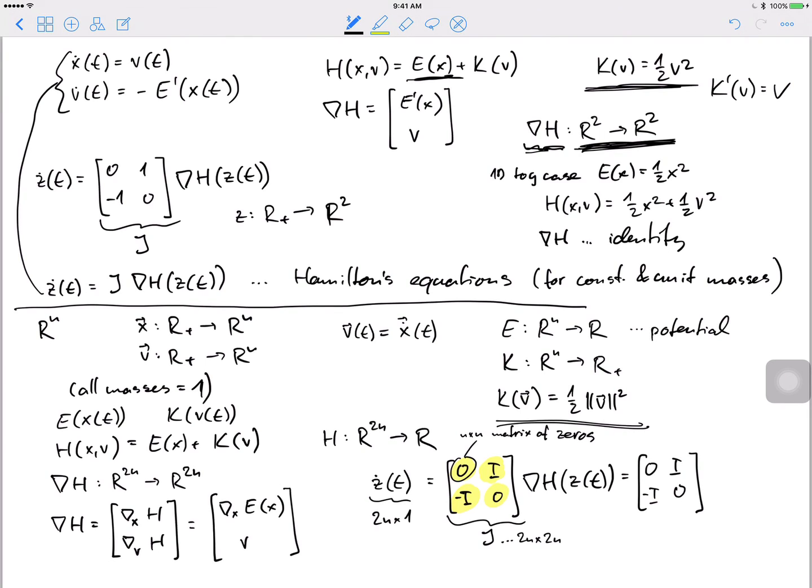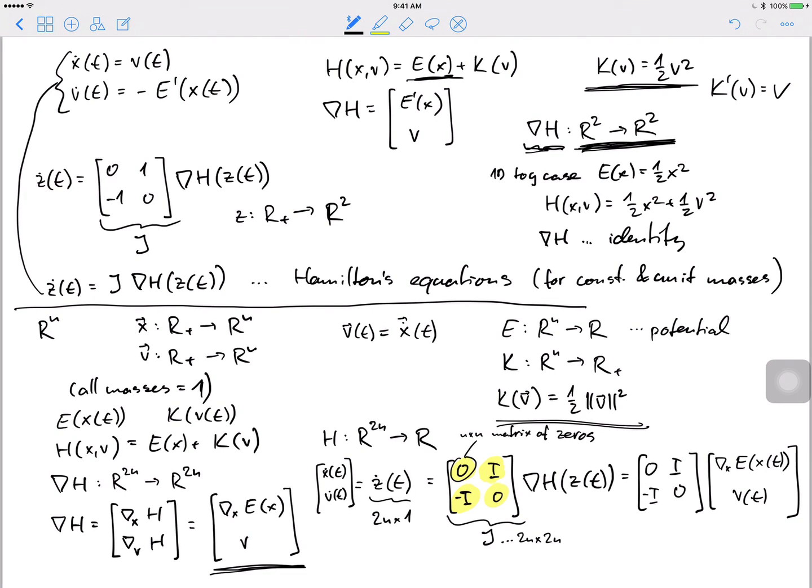Because the gradient is the gradient of the Hamiltonian, that's what we worked out here, right? So this is the gradient of E as x of t, right? And here is just the v of t. And again, this z dot, if you want, I can write it out here like x dot t and v dot t.